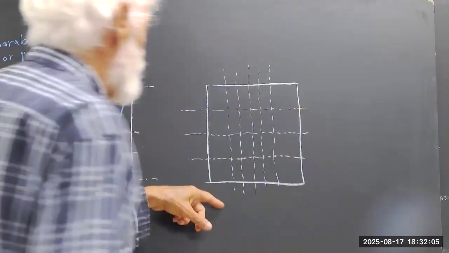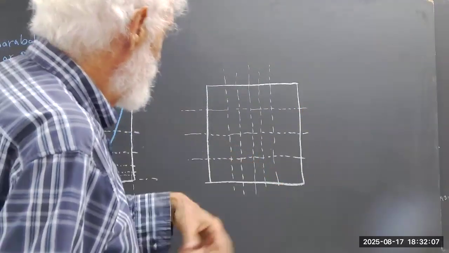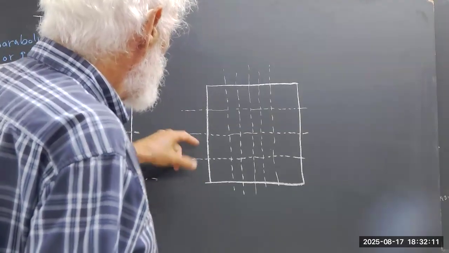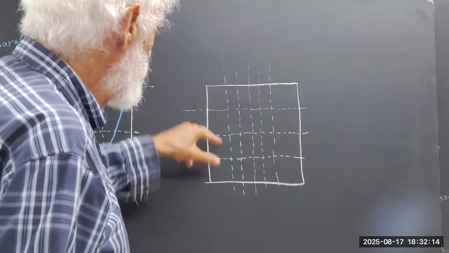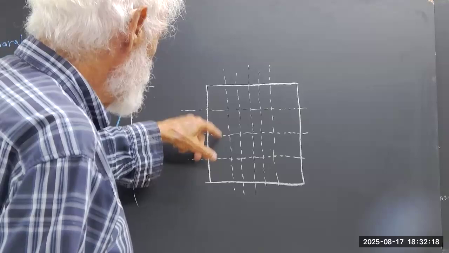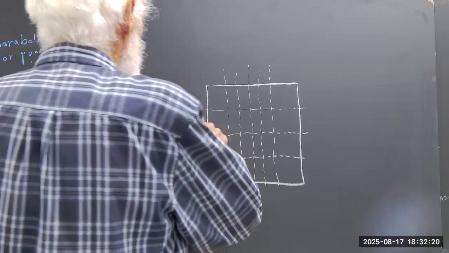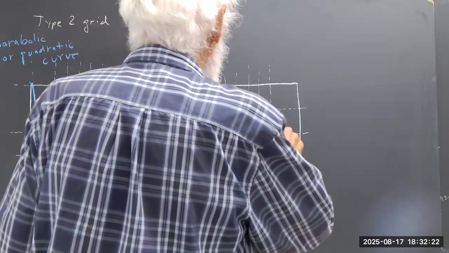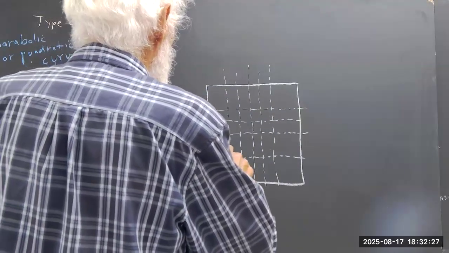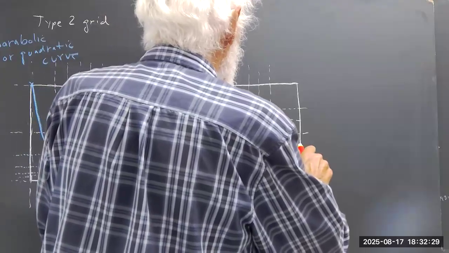In other words, what we did is identical to what we did before so far. So we get the center line, halfway from the edge to the center, halfway from the edge to the center, and then halfway from the center line to the line directly above it, and halfway from the center line to the line directly below it.